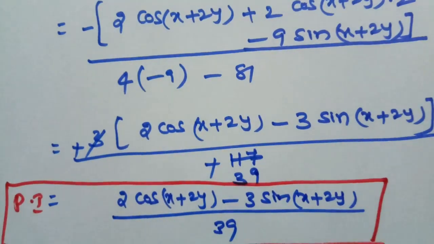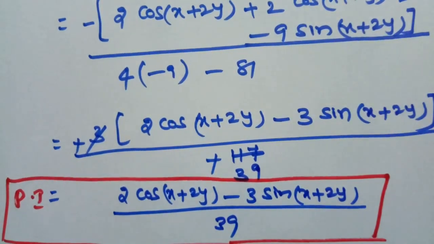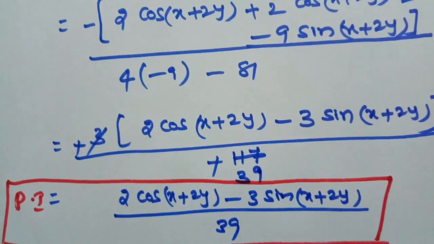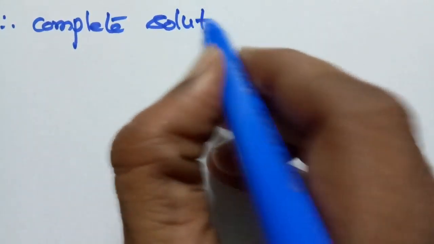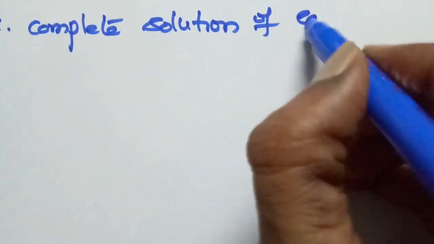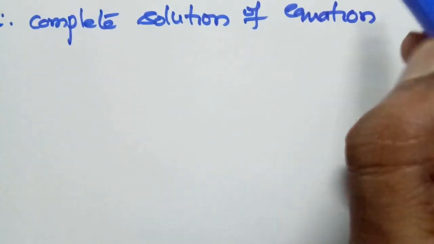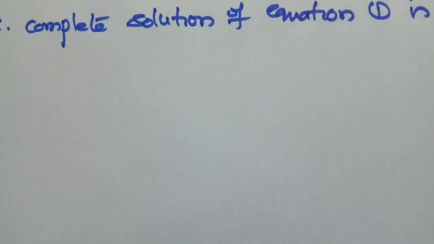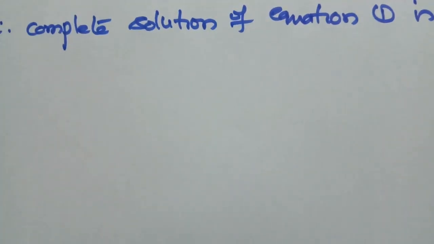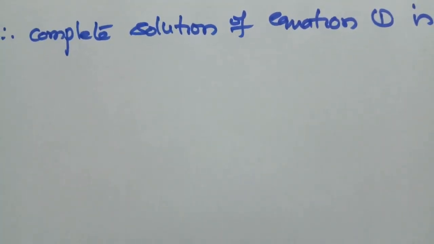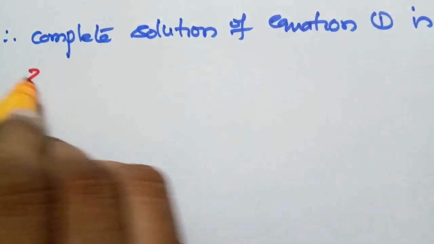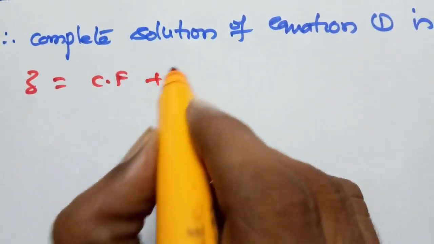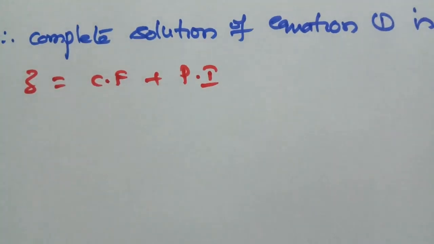Therefore, the complete solution is complementary function plus particular integral. Therefore, the complete solution of equation 1 is z = complementary function + particular integral.